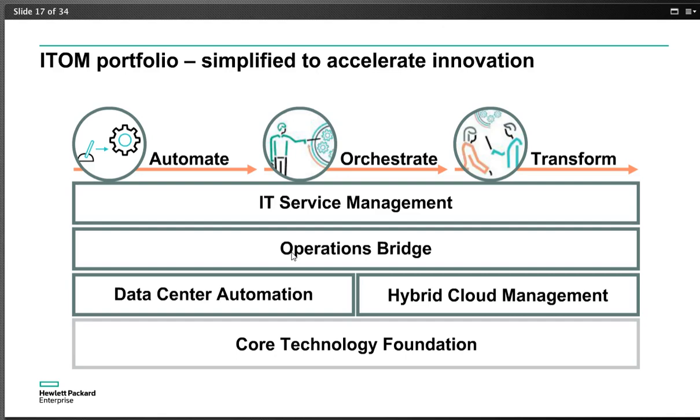All of this is now based on a set of common shared technologies, which is our core technology foundation, which also helps us drive towards cross-suite integrations, ensuring that there is a consistent use of capabilities across all the suites.